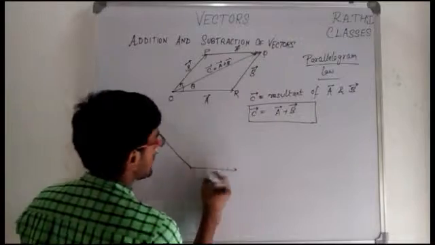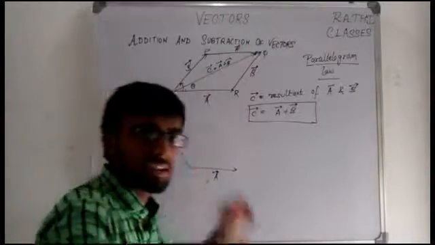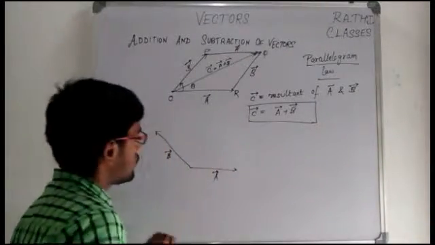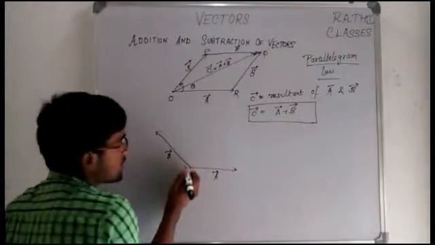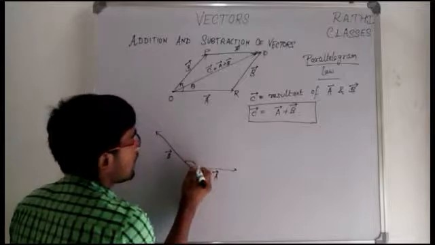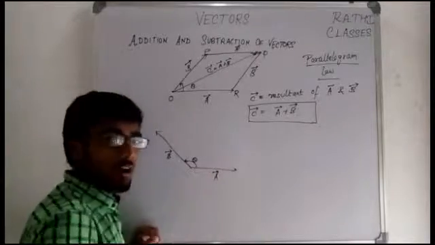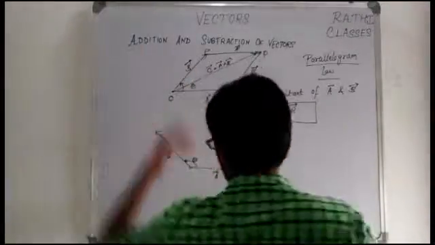Similarly, if I take another case, these are the two vectors, vector A and vector B. This is the tail of both the vectors, the tails coincide here, and the angle between the two vectors will be this theta, where this theta is the obtuse angle.